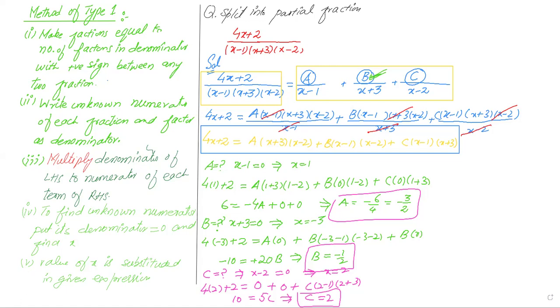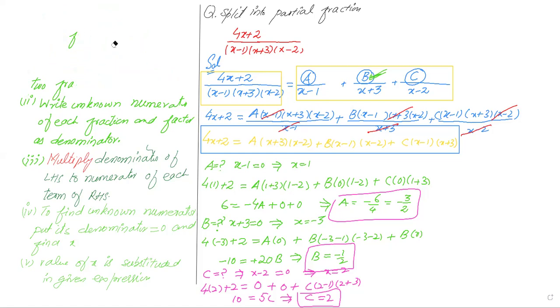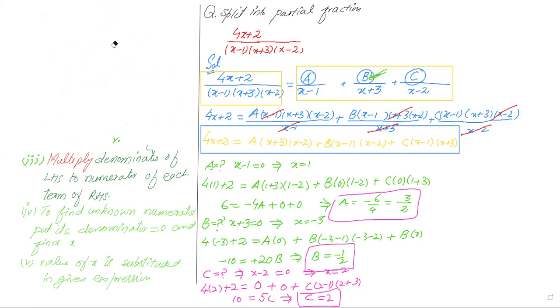I will just erase the first step over here, because I have to change the partial fraction, which means I have to change this one. Very simple, very easy. Hence, I have to start from here.